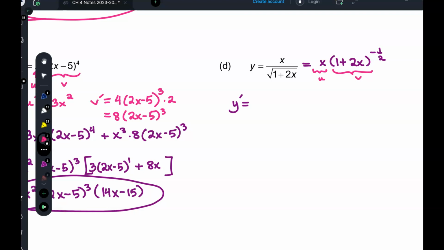U prime is just going to be 1 times V, so that doesn't change, plus U, which is x, times the derivative of V. This is going to be a negative 1/2, 1 plus 2x to the negative 3/2. Don't forget that chain rule, times 2, the derivative of what's inside.